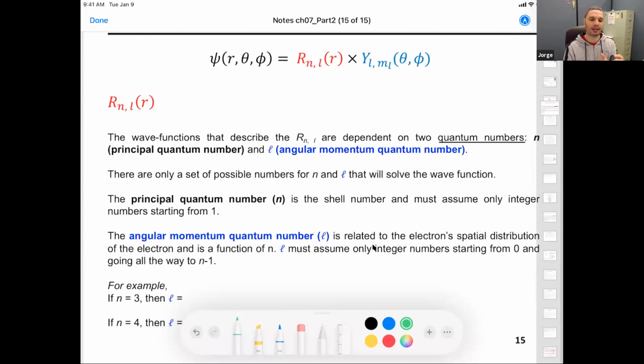Okay. For a given n, only some values of l are possible. l must assume only integer numbers starting from 0 and going all the way to n minus 1. The reason that l must assume only those values is that if it is a different value from that, there is no way to solve the Schrodinger equation. And that's a violation. We have to be able to solve it.